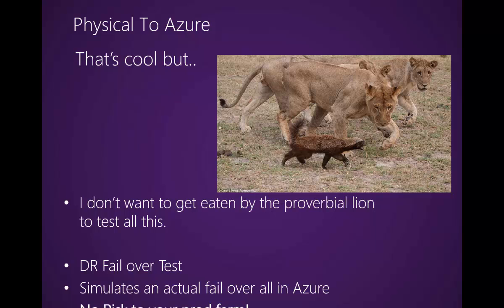That all stays up, no one even knows you're running a test, and then Azure will spin up those VMs, run the test for you, and you can actually see your production environment come up in Azure in a test scenario.